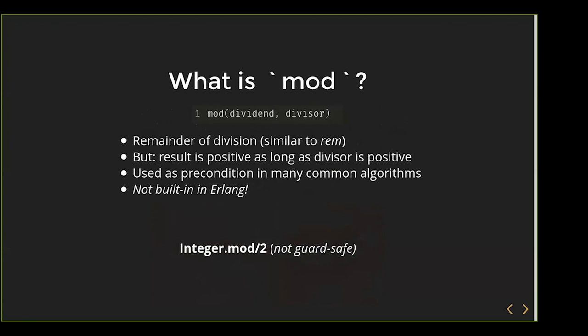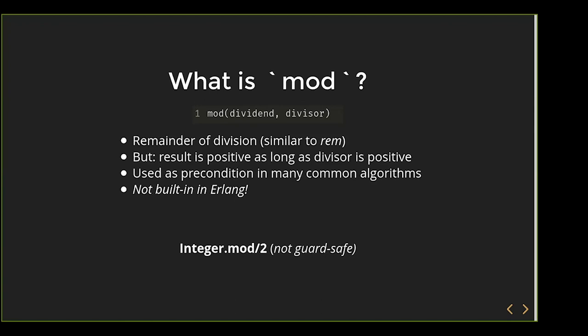So what is modulo? Modulo is similar to the remainder operation, which is built into Erlang. There it's called rem, so it's also built into Elixir. However, the difference is that for modulo, the result is positive as long as the number we are dividing by, the divisor, itself is positive. And therefore, there are many algorithms that use it as a precondition.